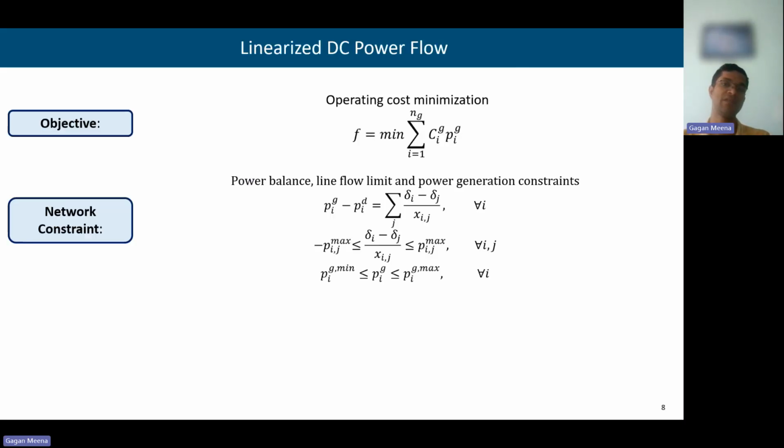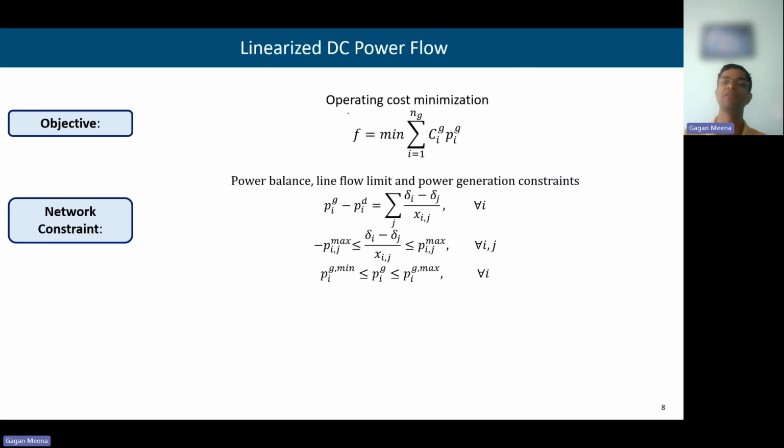So here we see this is a linearized DC power flow. It's an optimization problem where the objective is to minimize the operational cost of generators.